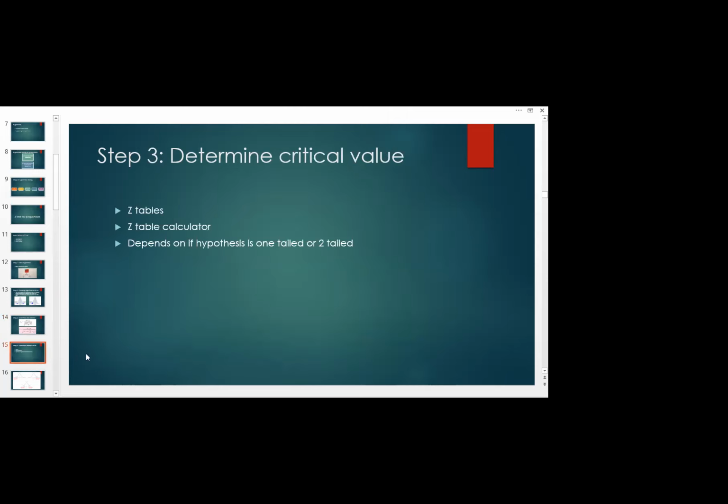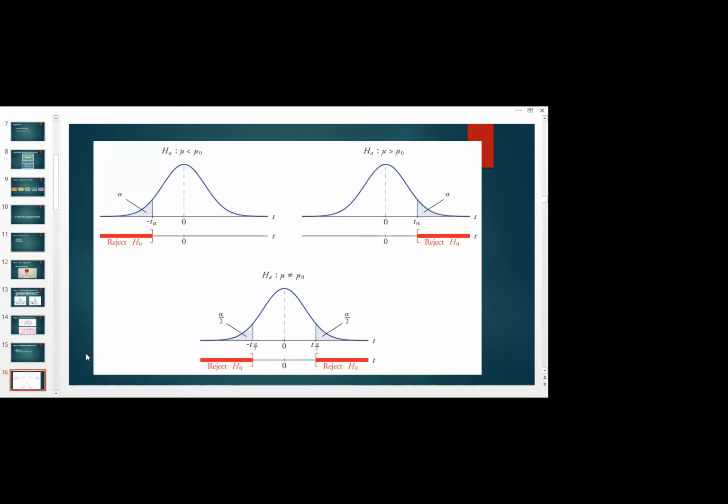Now step 3 is to determine the critical value. Critical value can be determined by z-table or calculator, and it depends on whether the hypothesis is one-tailed or two-tailed. As already discussed, if the hypothesis is one-tailed, then the value of alpha is 0.05 on one side.